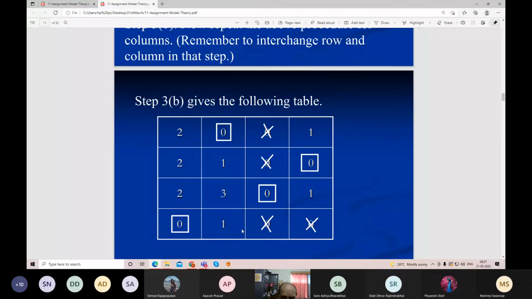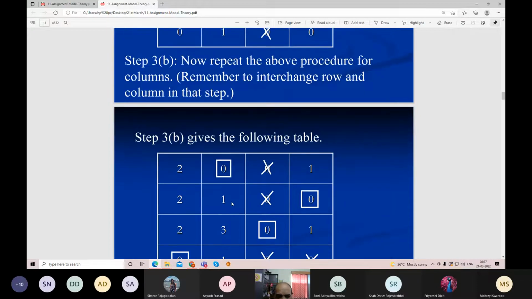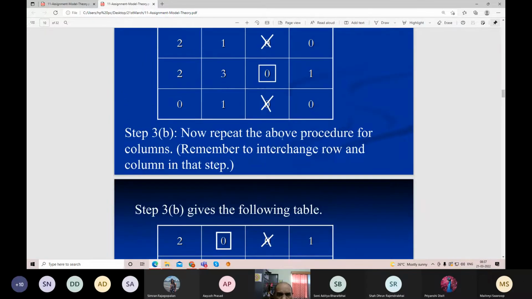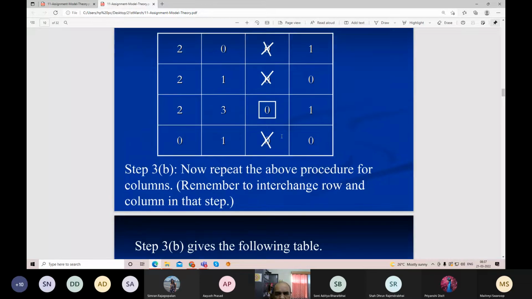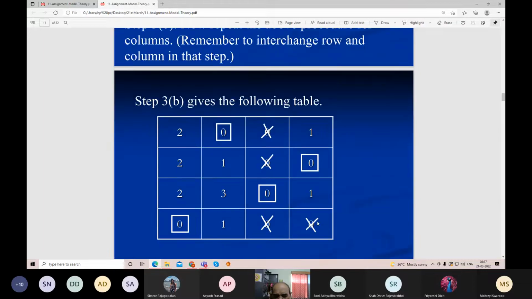After this, you can see here, in the second row, there is a 0. So we are assigning this 0, and we are crossing the other 0, which is there in the last row. We cross that one. First time we're assigning this, second time this, third time this.